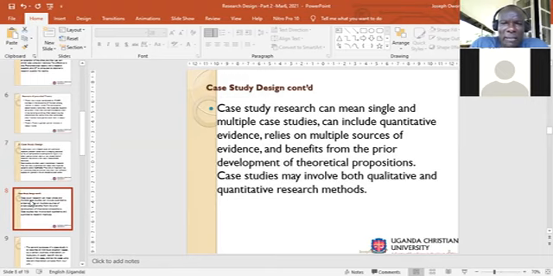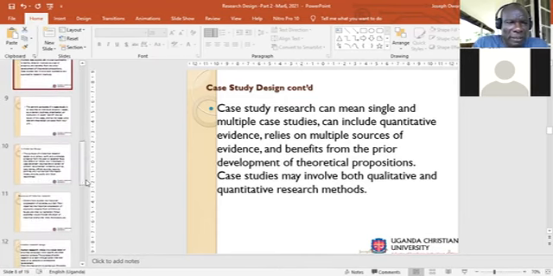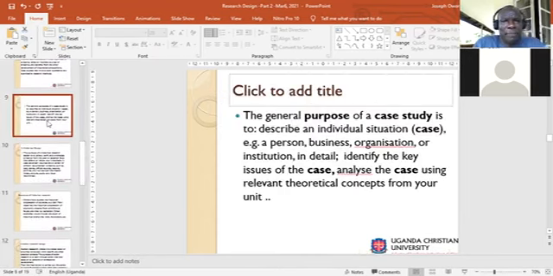But also you can write a theoretical proposition, what you might expect as you go to study. So case studies may involve both qualitative and quantitative research methods. But the bottom line is it has been a detailed, in-depth study of that particular case.